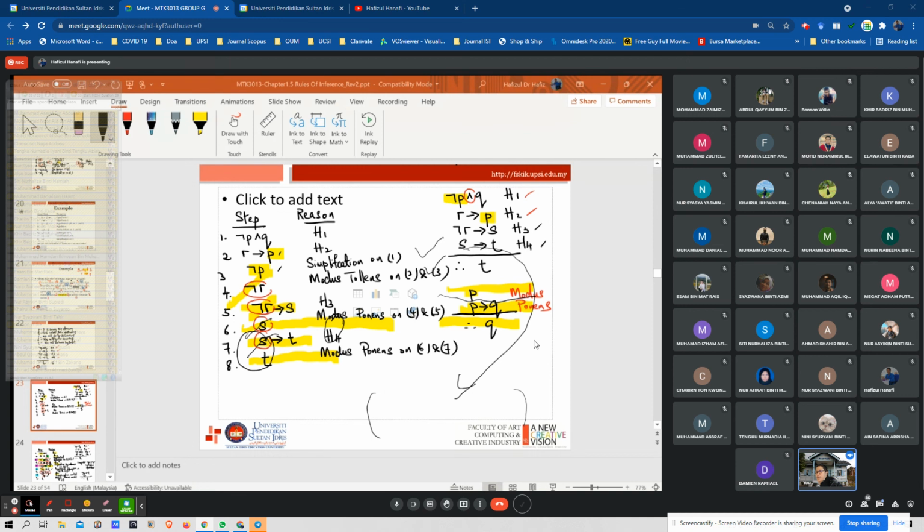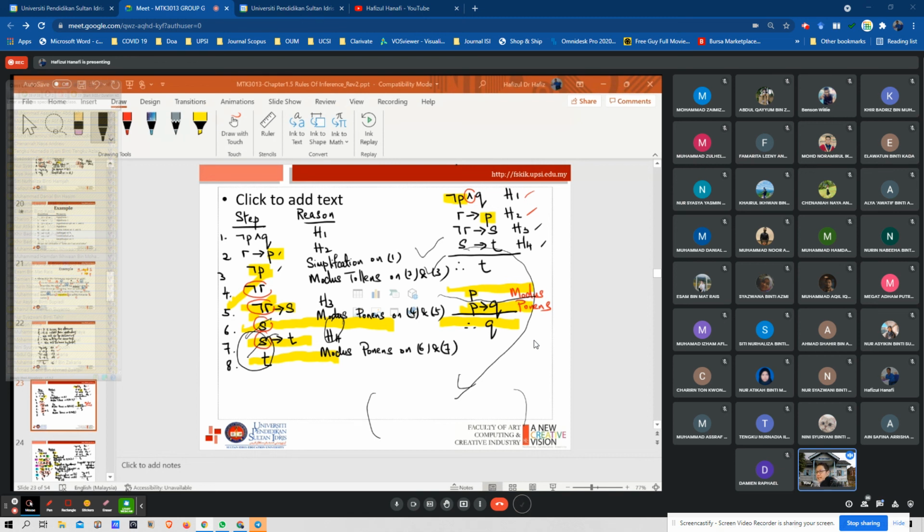Then modus tollens on 2 and 3 gives 4, negate R, and then we have negate R implies Q, and then modus ponens on 4 and 5. We affirm by affirming. That is the proof that we want to prove again. That one is modus ponens.